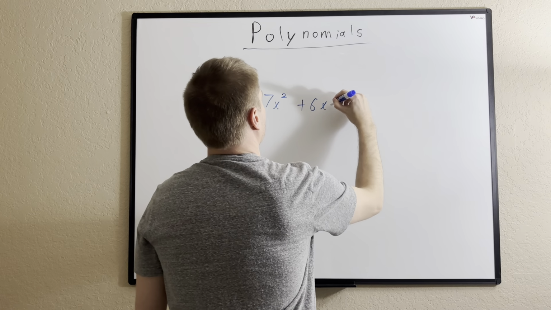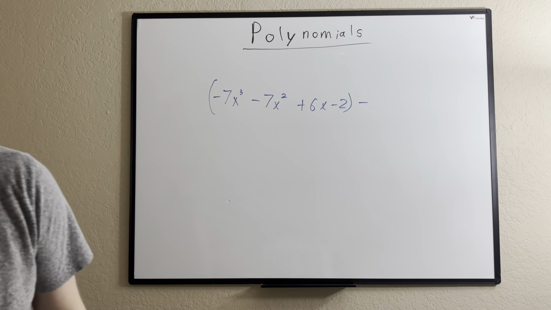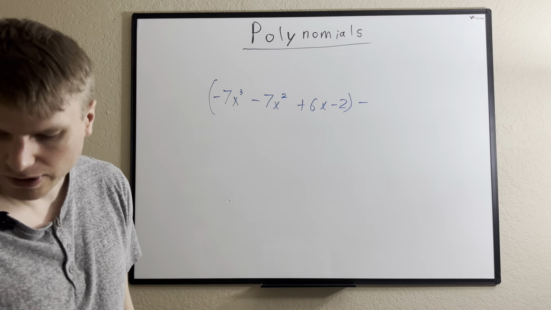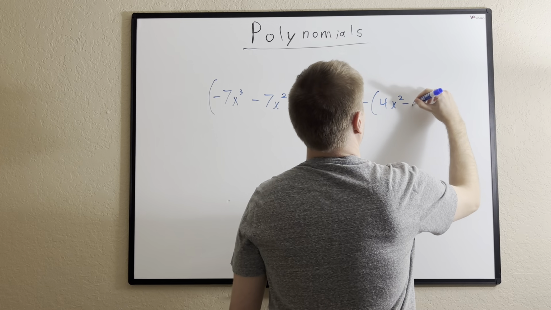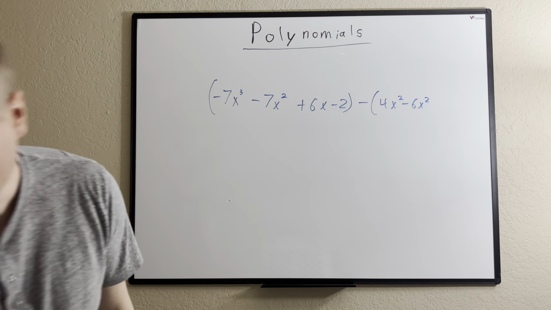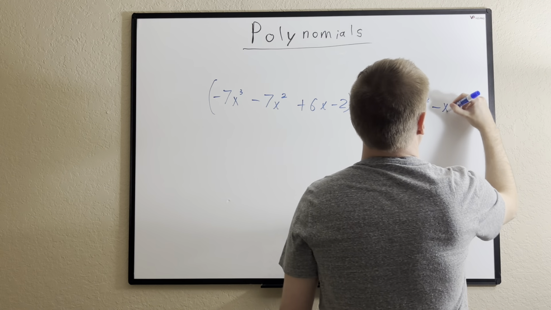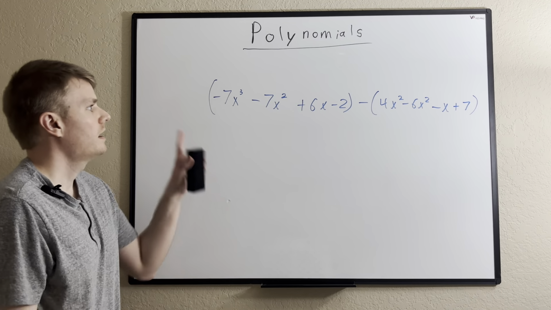Plus 6x minus 2. 4x squared minus 6x squared. 6x squared. Well, I'm running out of room. Minus x plus 7. There we go. Just enough room.